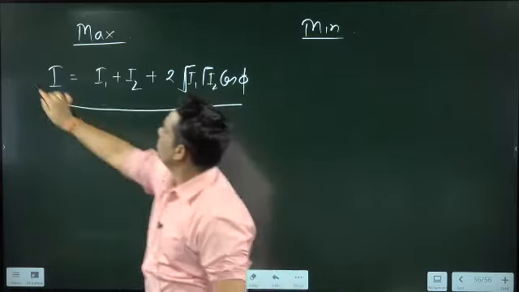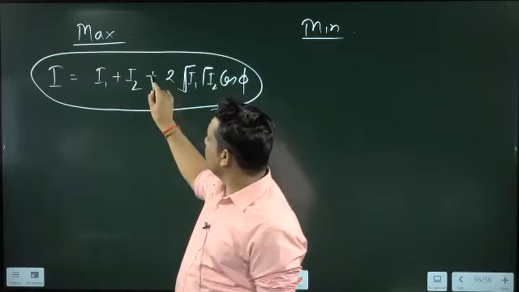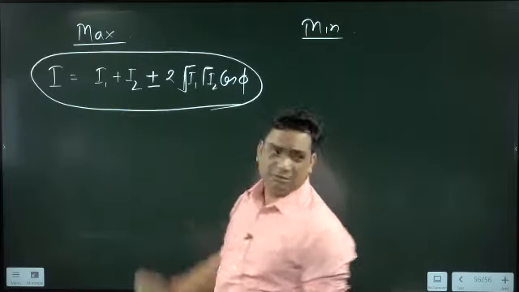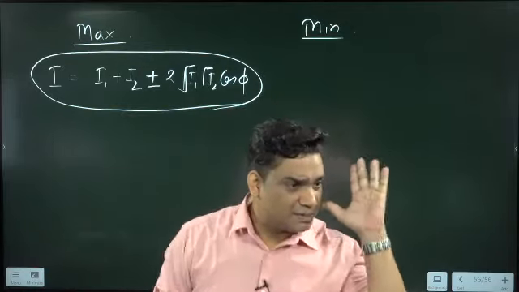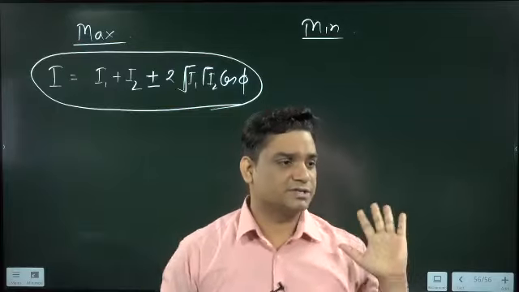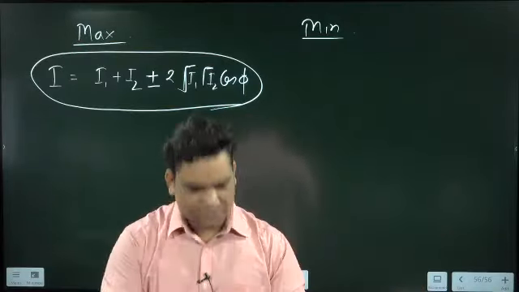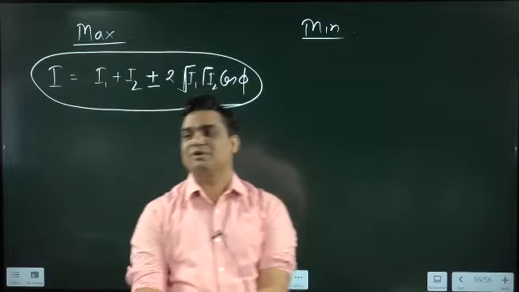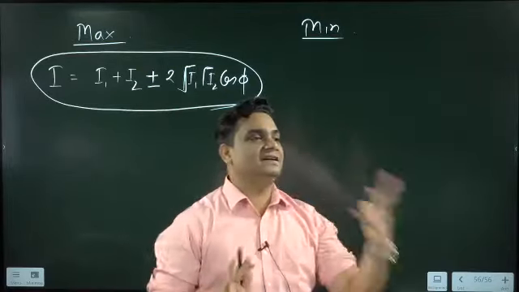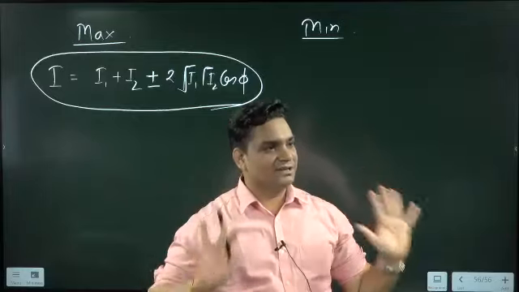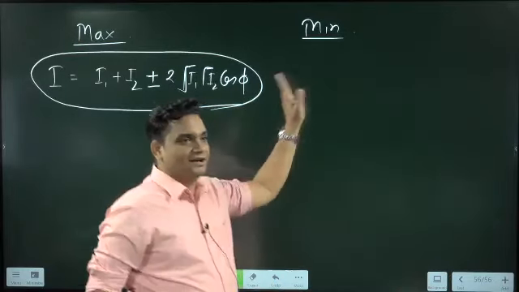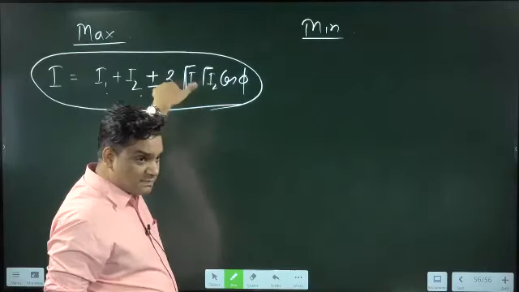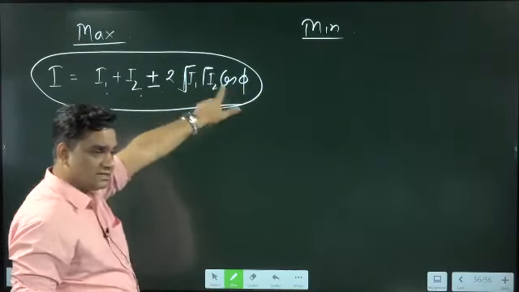This is the main formula of the intensity. Here plus for maxima, and for minima it will be minus. I will come to that also. If the class goes up to 1 or 1.5 hours, that's why we have not given any end time. Don't worry, everything will be done. I equal to I1 plus I2 plus or minus 2 root I1 I2 cos phi. This is the main formula.